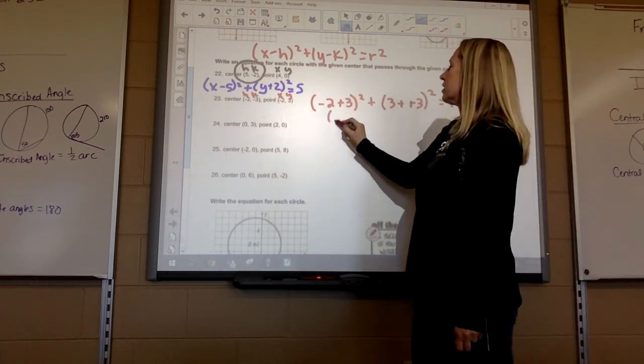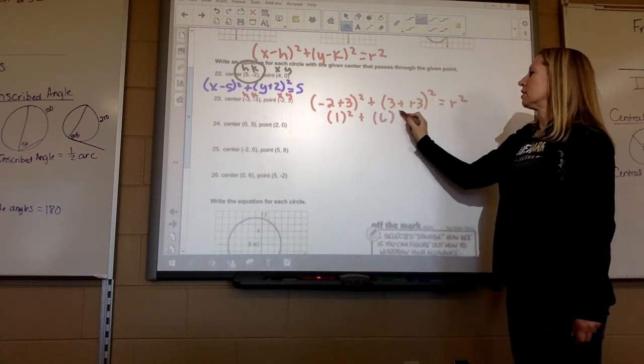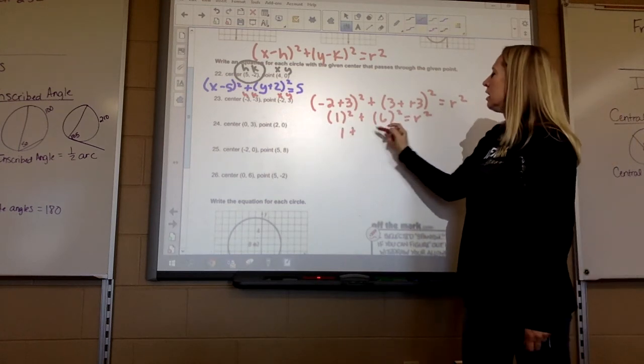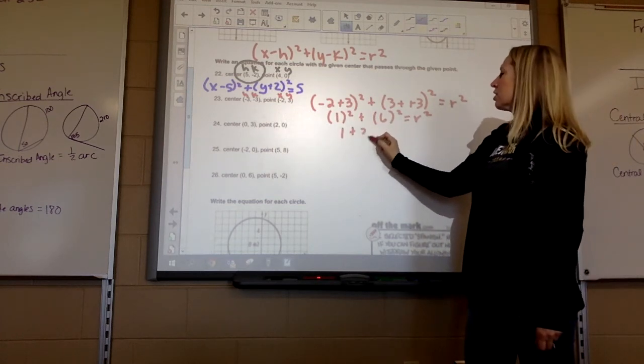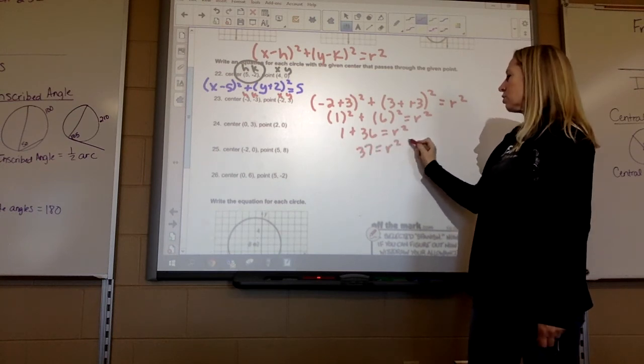Negative 2 plus 3 is 1 squared. 3 plus 3 is 6 squared equals r squared. 1 squared is 1. 6 squared is 36. So 37 equals r squared.